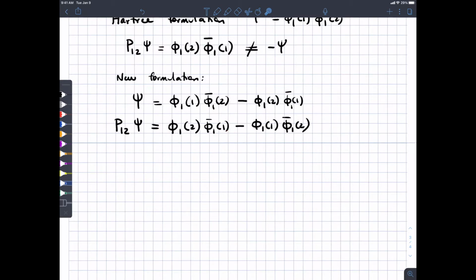Oh, hold on. Do you see that these two are opposites of each other? So if we write our wave function this way, it will automatically obey the antisymmetry requirement. And that's going to make it so that our wave functions are physically realistic.